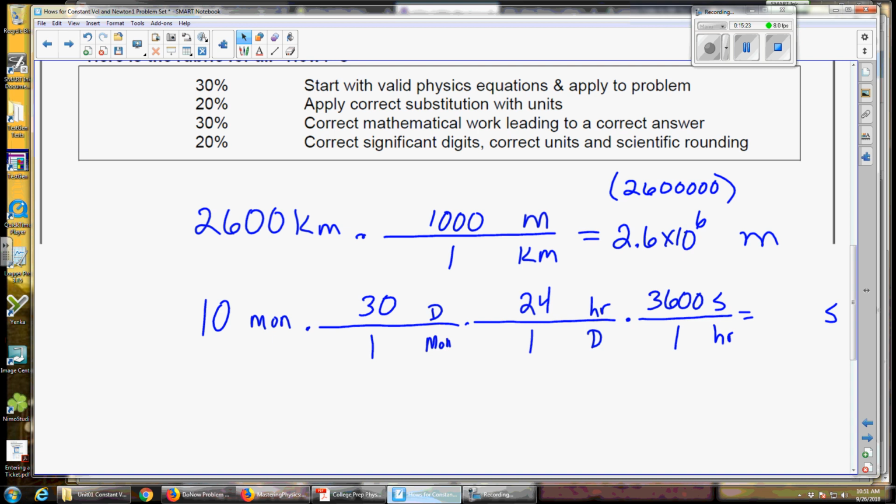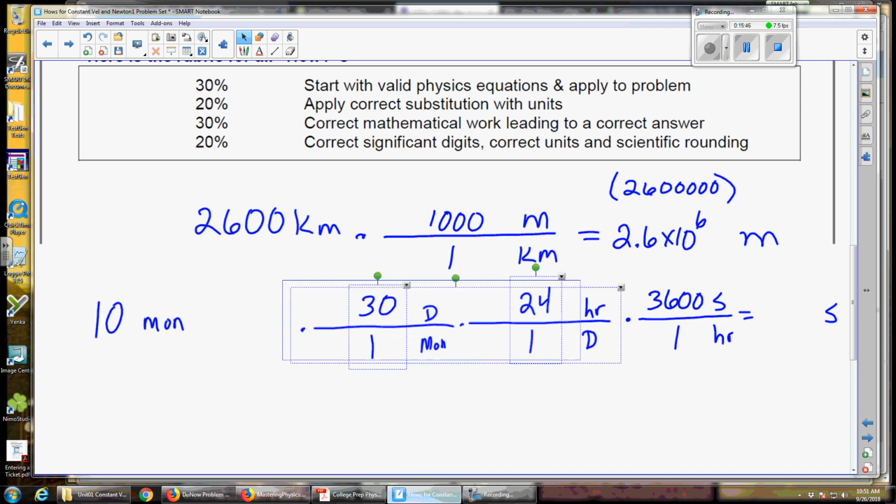Alright, so let's see. 10 times 30 times 24 times 3600. Oh, it's all ones on the bottom, so dividing by the bottom is easy. So I think I need to move everything over.